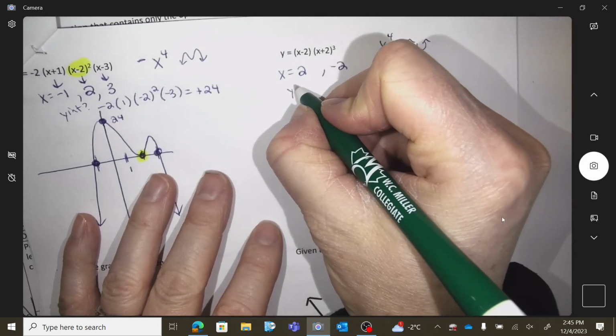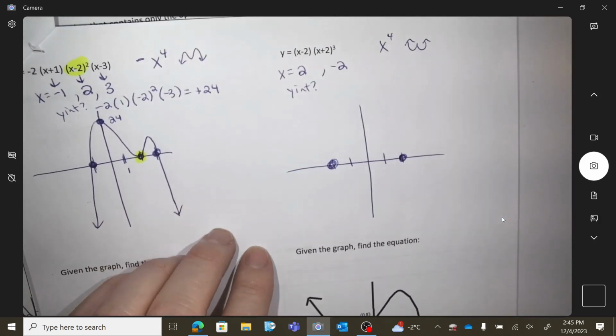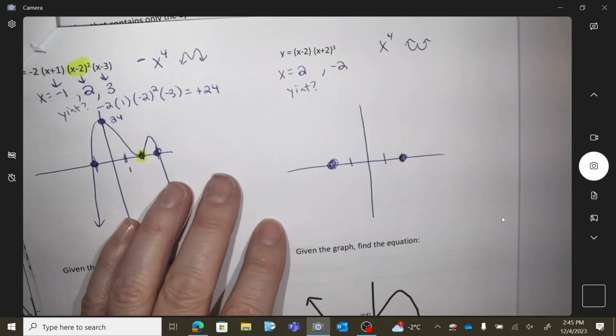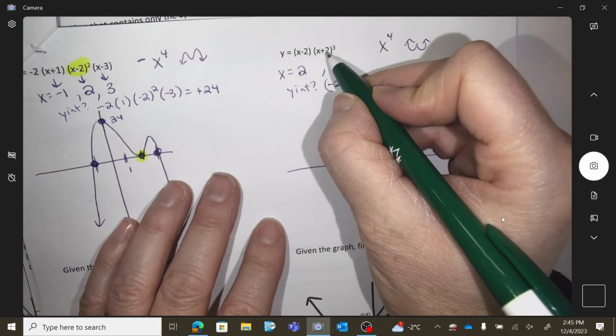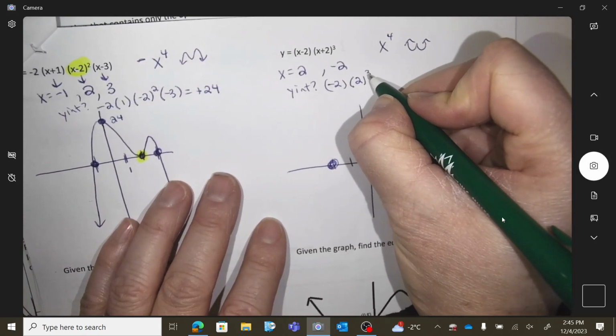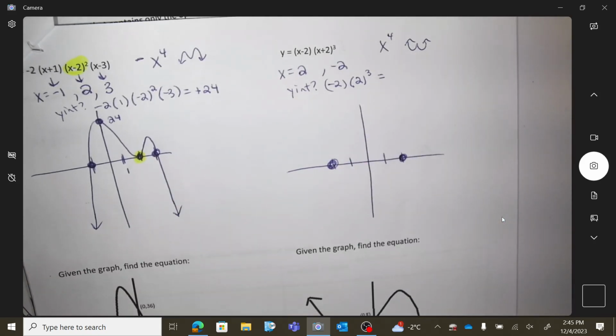Okay, what is the y-intercept? So 0 minus 2 times 0 plus 2 cubed. Without a calculator.